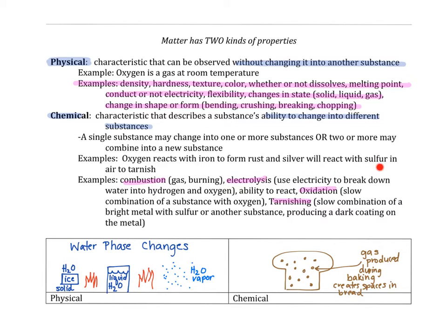Silver will react with sulfur in the air to tarnish. So if you've ever had silver jewelry, you may have experienced seeing a blackish cover on the silver jewelry that sometimes you have to polish.